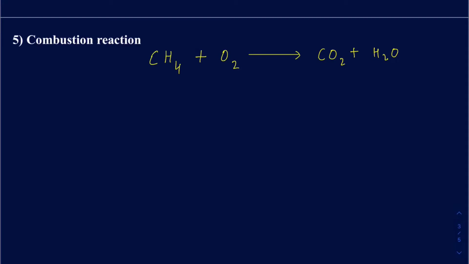You're always going to have an oxide, and sometimes depending on the reactants you may have water as well. When I balance this equation, I want to make sure I have the correct number of oxygens and carbons. It seems like I have 4 hydrogens on the reactant side, so it needs to have 4 hydrogens on the product side.